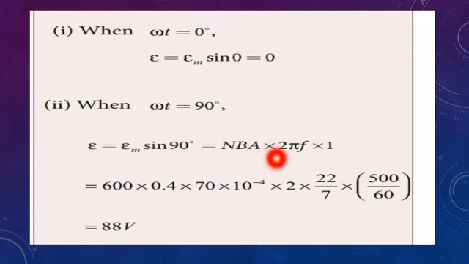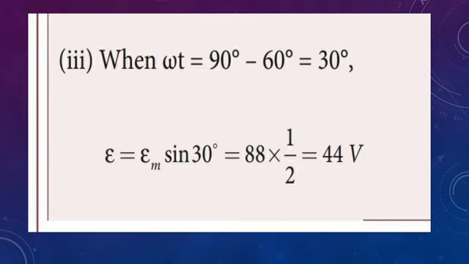This value NBA into 2 pi f is 88. So I am taking the Em value 88. 88 into 1 by 2, so 2 and 88 cancel, 44. So 44 volt is the instantaneous EMF.